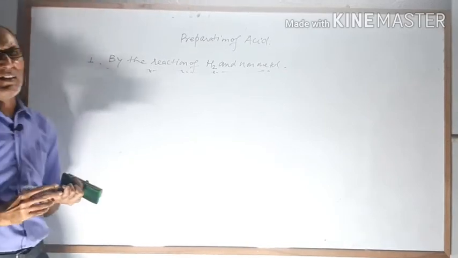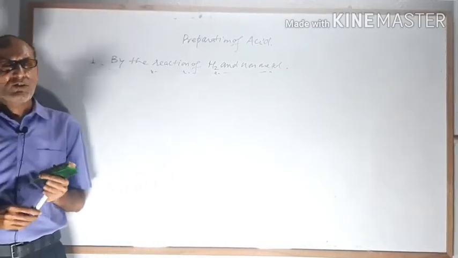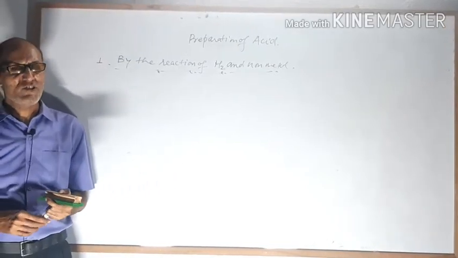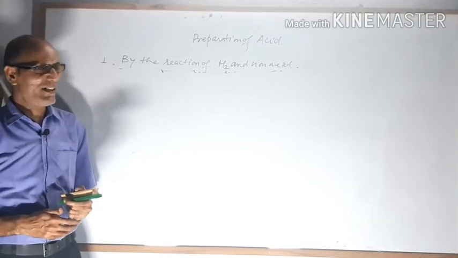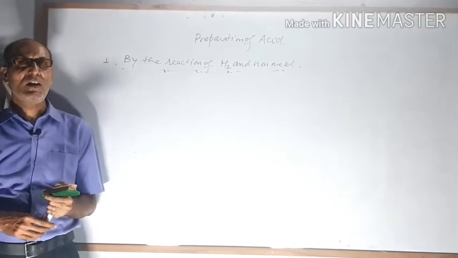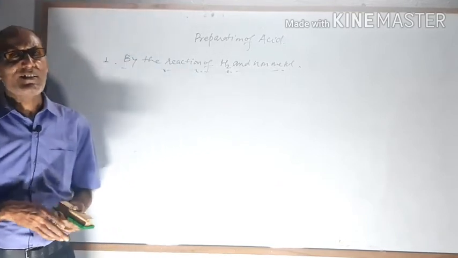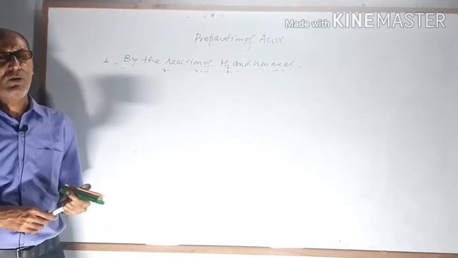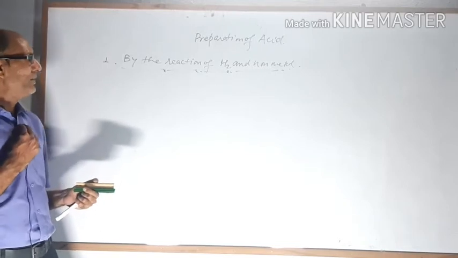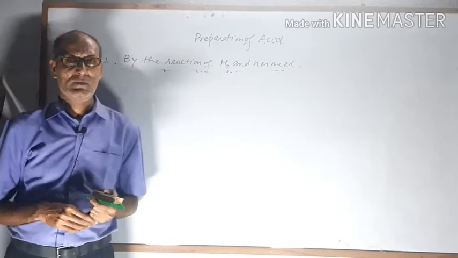That means hydrogen reacts with many non-metals to form acid. This is the easy and fast preparation of acid. As you know, the non-metals are sulfur, chlorine, fluorine, bromine, and some others.